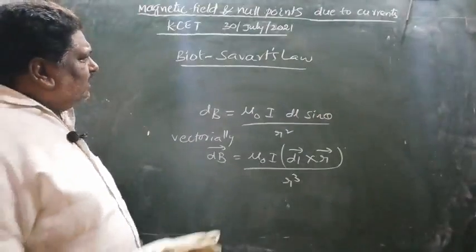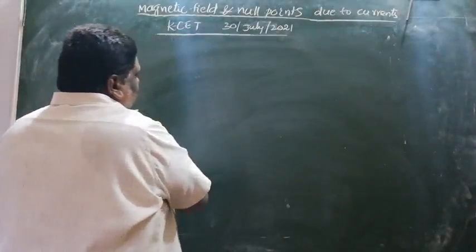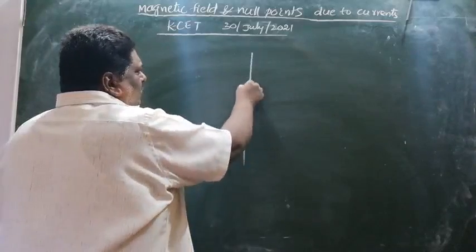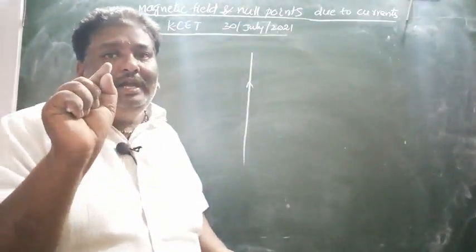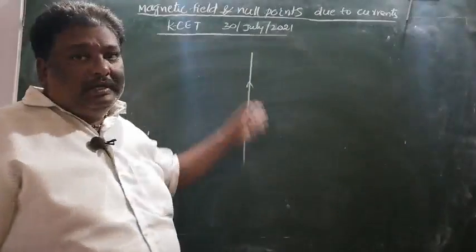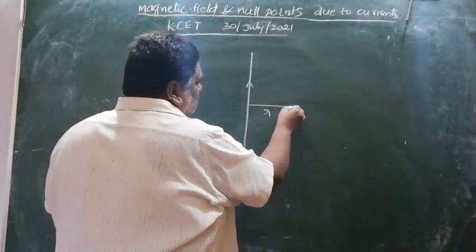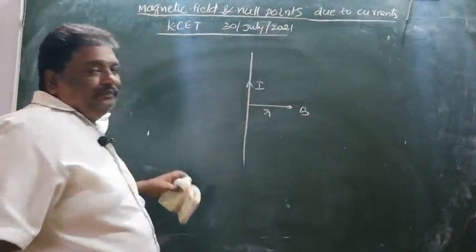But what is Ampere's circuital law? Here a long conductor is there. Previously a small element, now a long conductor is there. From the conductor at r distance, what is the magnetic field due to the current passing?